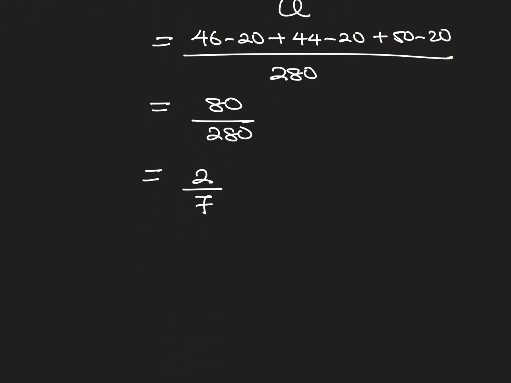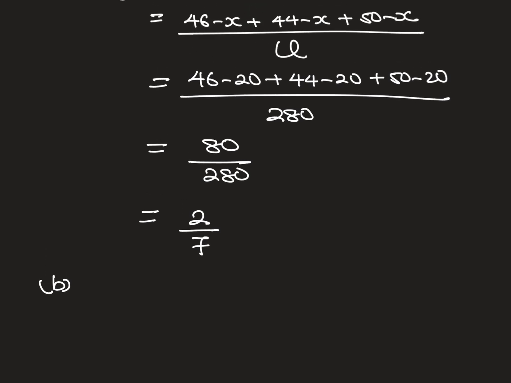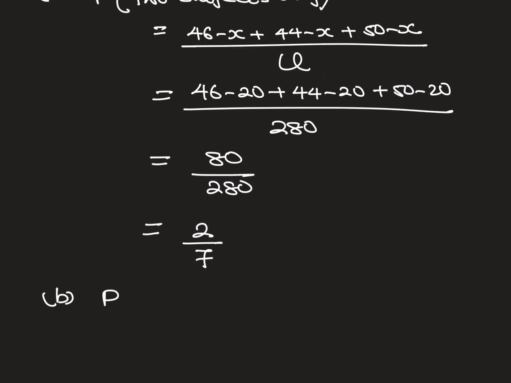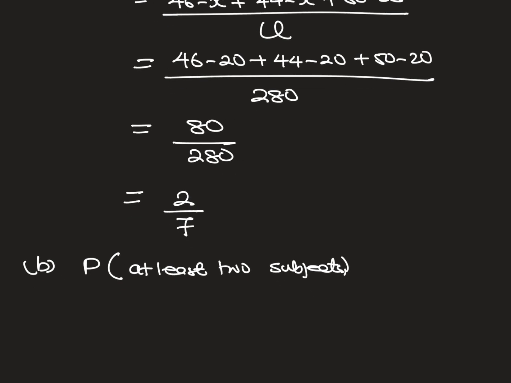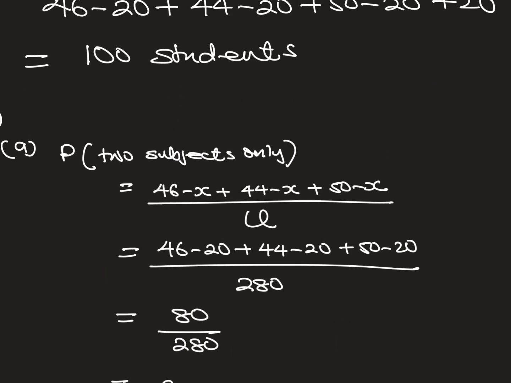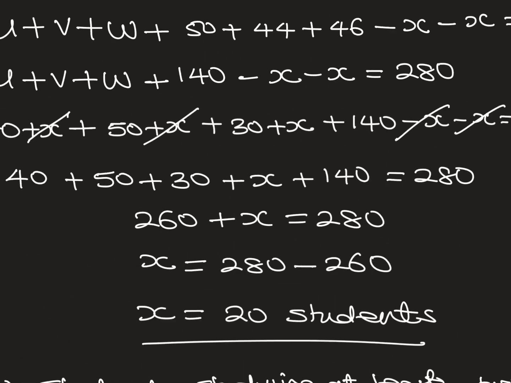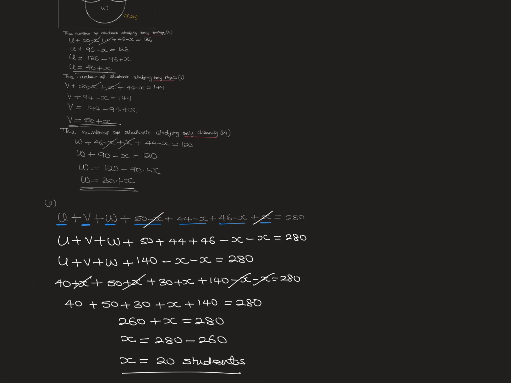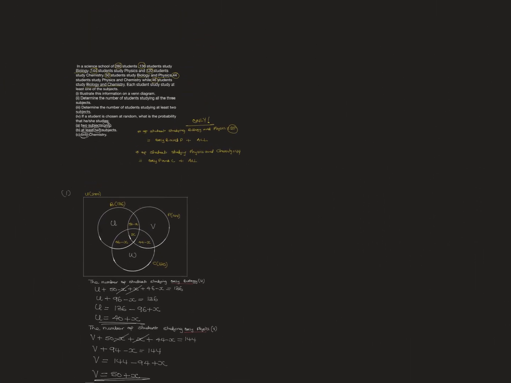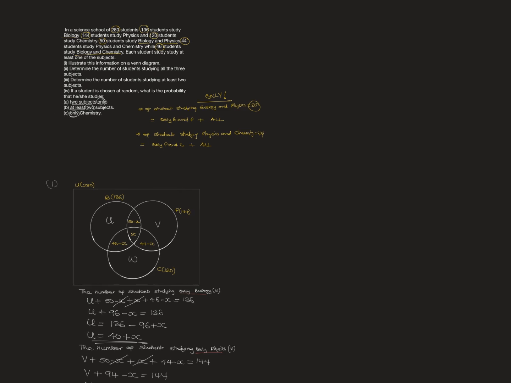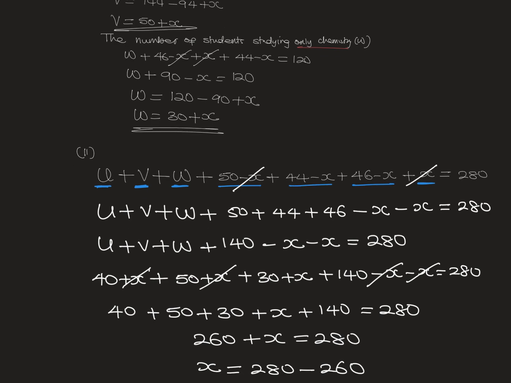Moving on to the next question, which is the probability that the student studies at least 2 subjects, which means 2 subjects and above. So what will be that? I think we have found the number of students who study at least 2 subjects. We found that in question 3, okay?